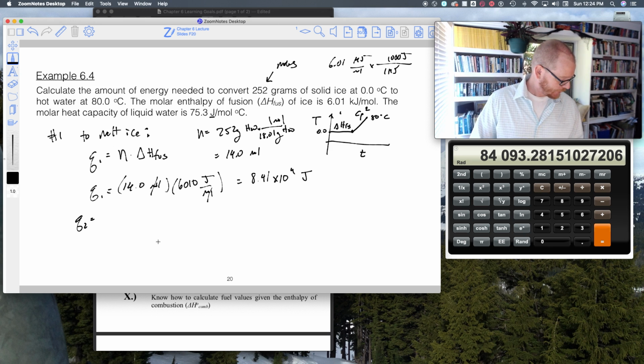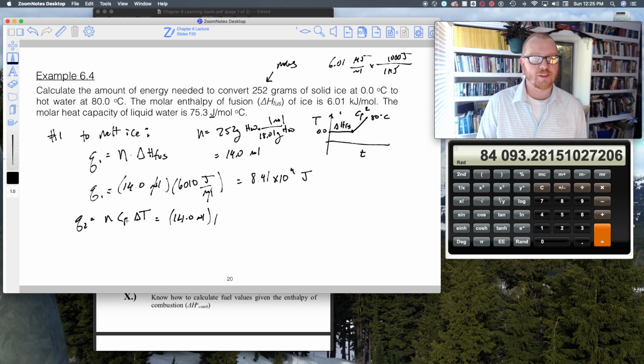To raise the temperature, we're going to use n times Cp times delta T. We note that we have 14.0 moles for n, and that the heat capacity, Cp, is 75.3 joules per mole per degree C. And what about the delta T?